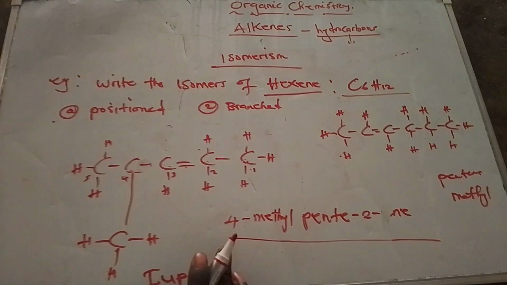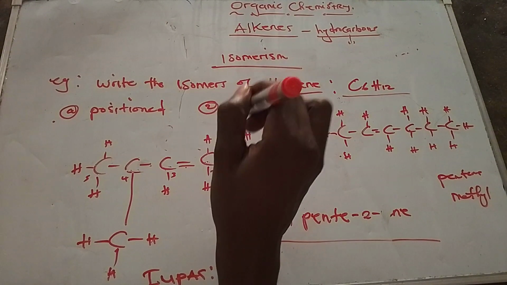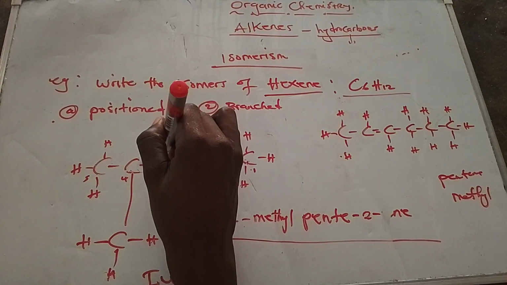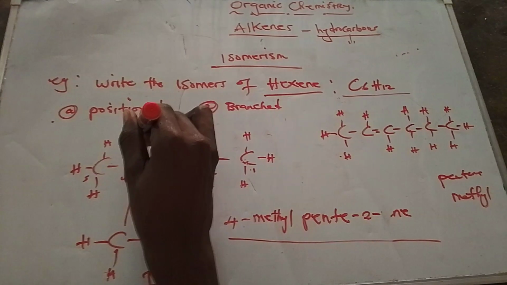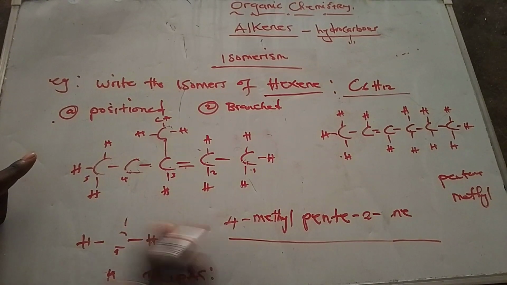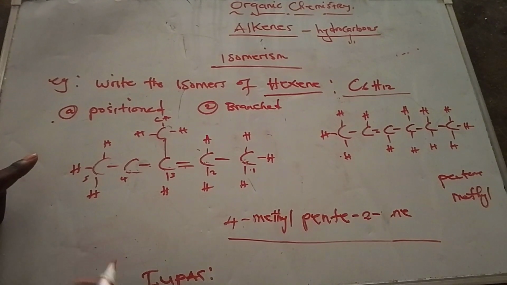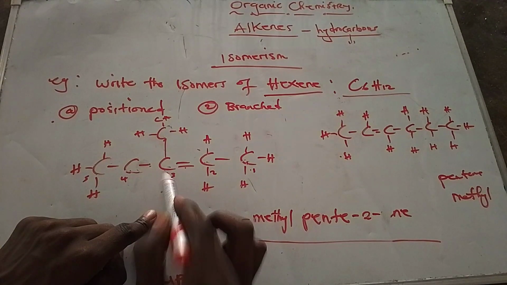If I decide to shift this branch and maybe put it somewhere here, if the branch comes here, it means that I will move this one. The name will change, because now this branch is touching on carbon number 3.